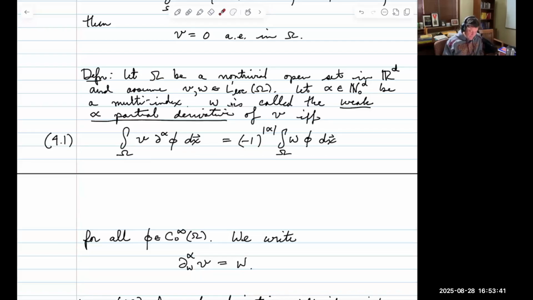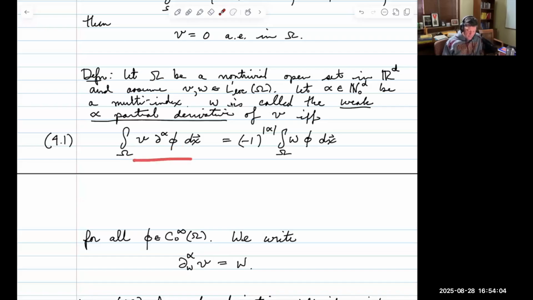If I integrate v against the alpha partial derivative of phi, this thing always exists, because phi is a smooth test function, so I can take its partial derivative of any order.